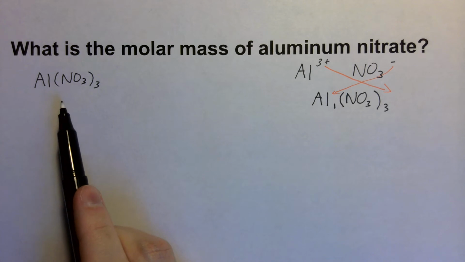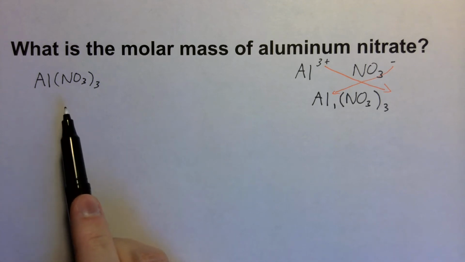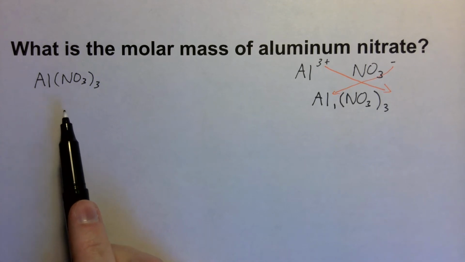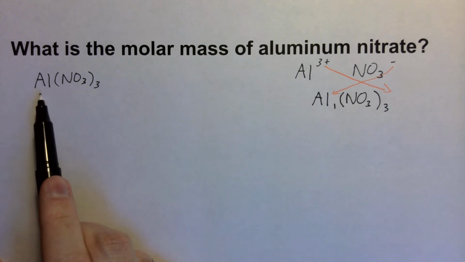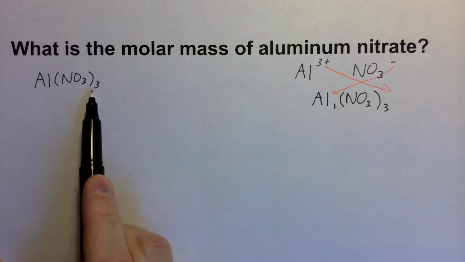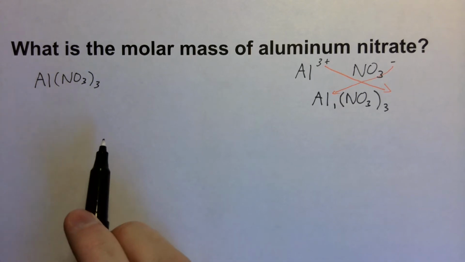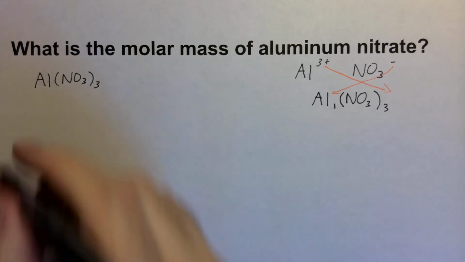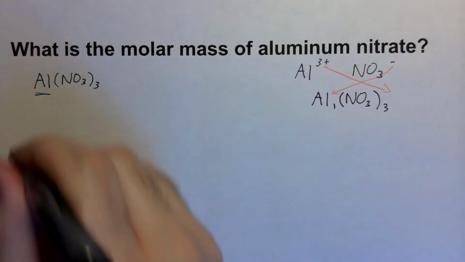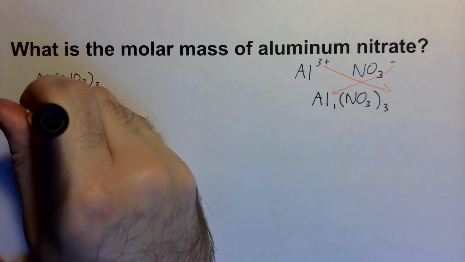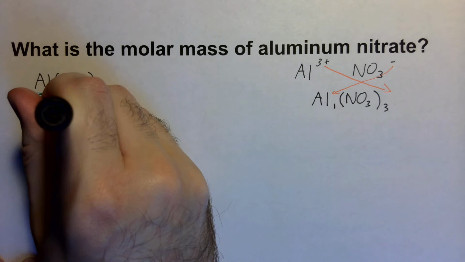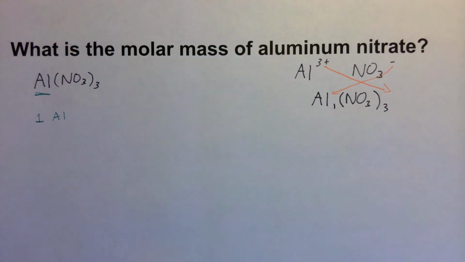To be able to find the molar mass, we first have to identify the number of atoms of each element in this compound. So we see Al(NO3) with the subscript 3. Let's count out how many atoms there are for each element. We know there is 1 aluminum.